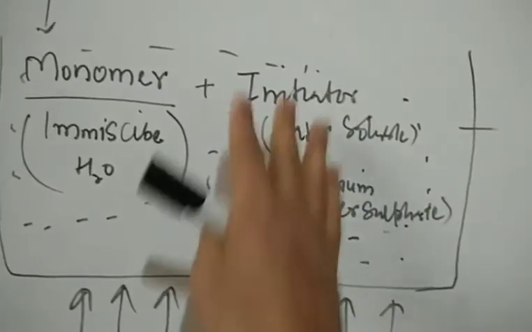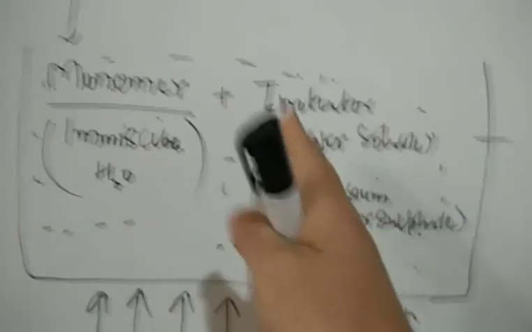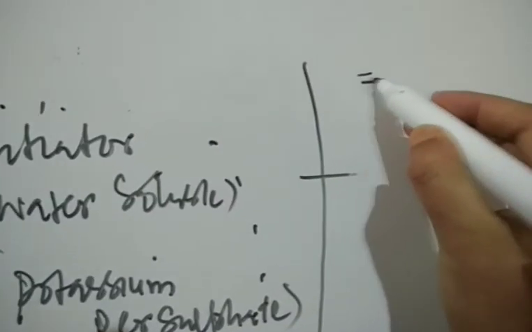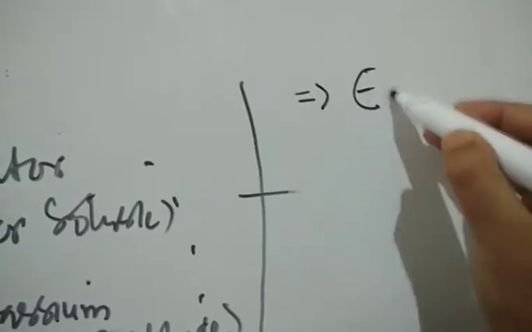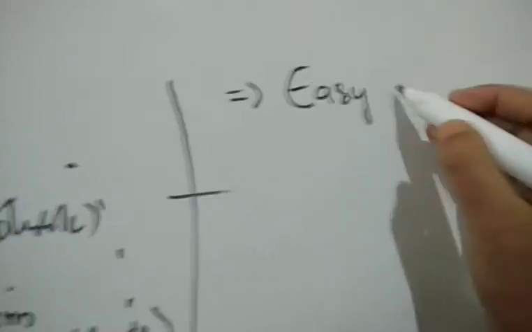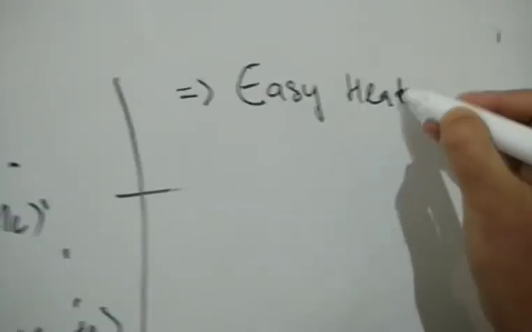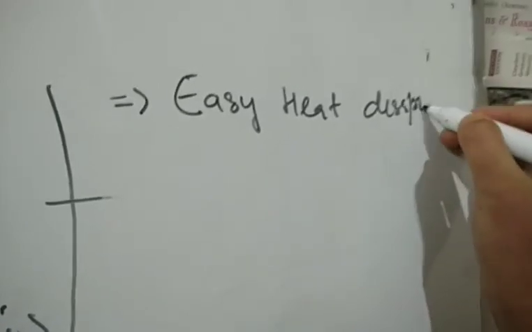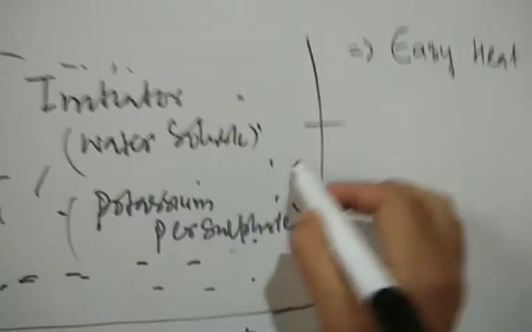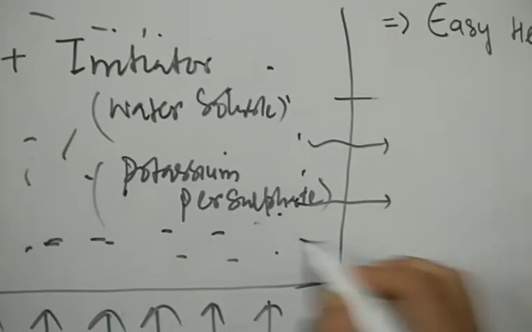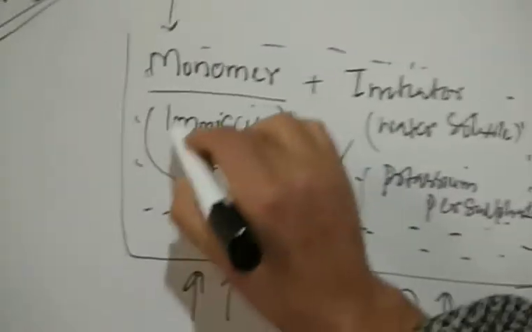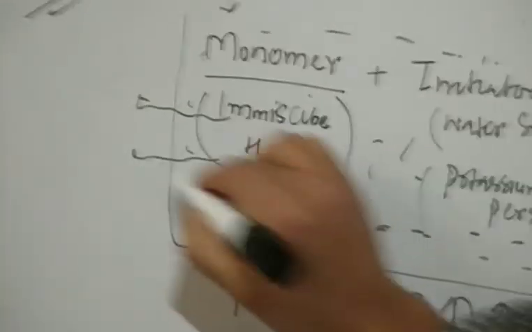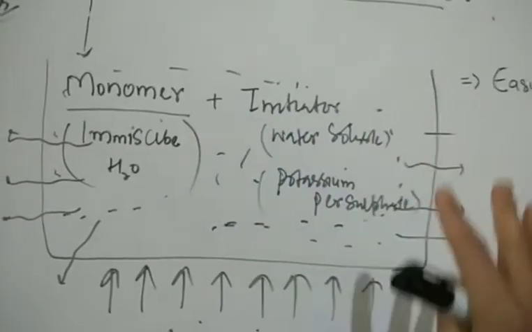Now, as the solvent used in this case is water, there will be easy heat dissipation. यानी heat can be easily transferred from the system to the surroundings. So heat easily dissipate होगी into the surroundings. जहां से जो heat निकल जाएगी during the chemical reactions, that will be easily dissipated. So there is no problem of any sort of explosion, number one.